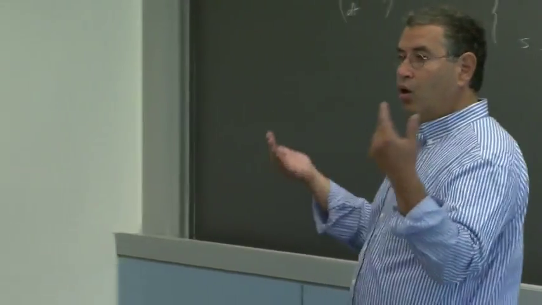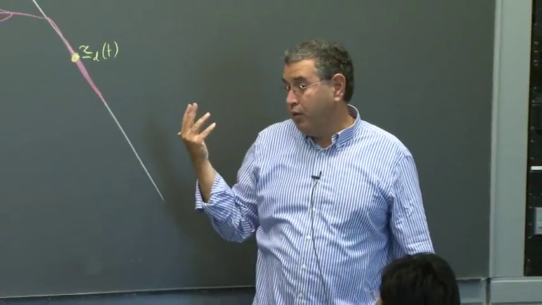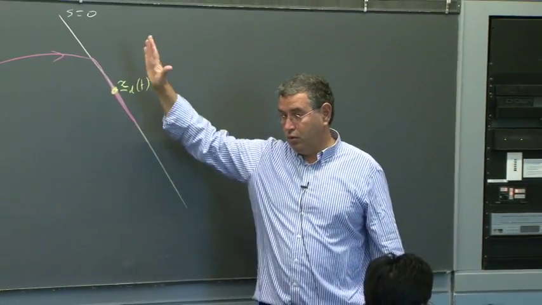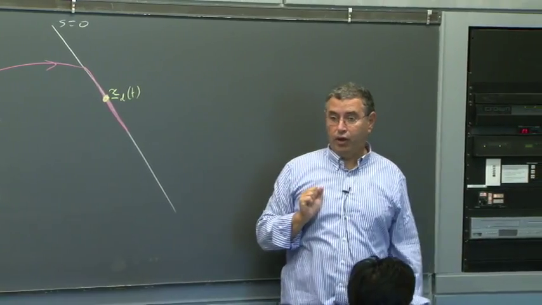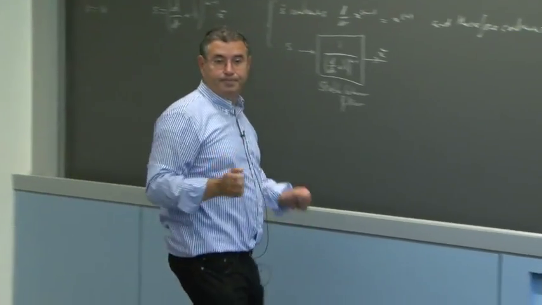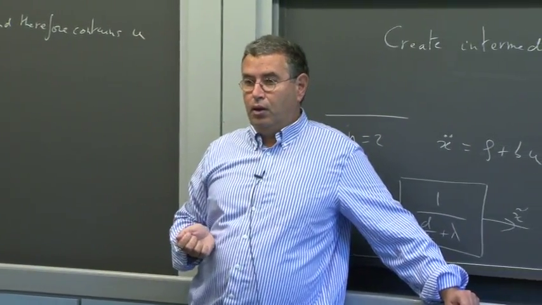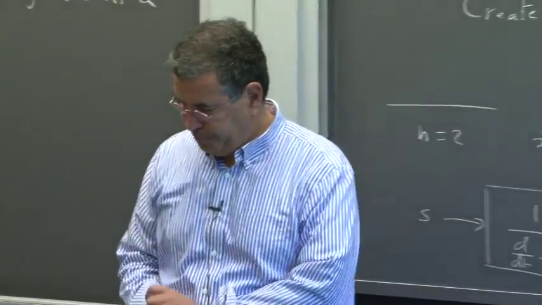So replacing an nth order problem by a first order problem also says once you're on this hyperplane, it takes care of itself. Basically, the motion is entirely defined. Questions about that? All right, good.